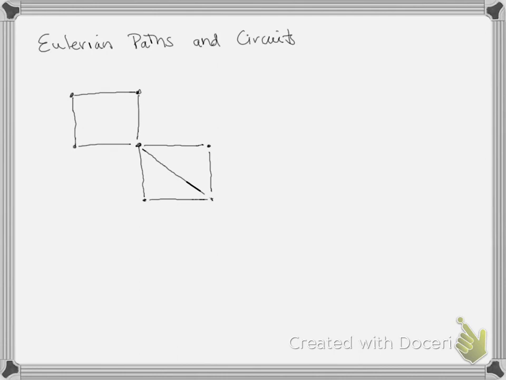So if I start here, and if I traverse, I got stuck. I can't get back to those other two edges. So that one didn't work. Well, does that mean it doesn't work? Maybe I didn't start in the right spot. Maybe if I start here.